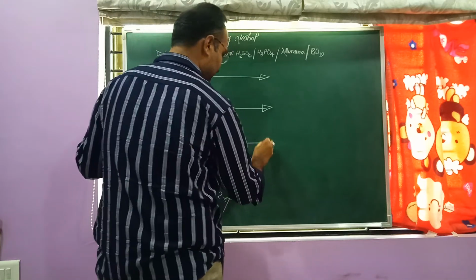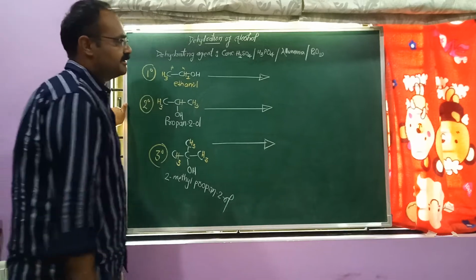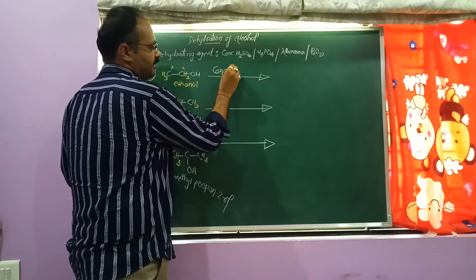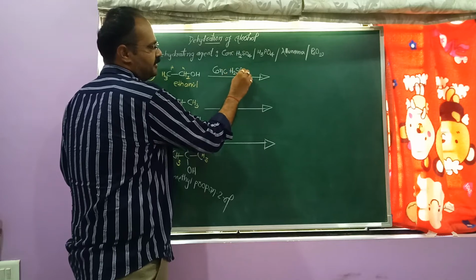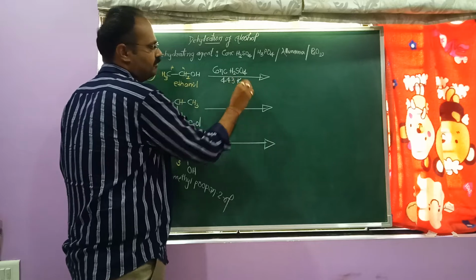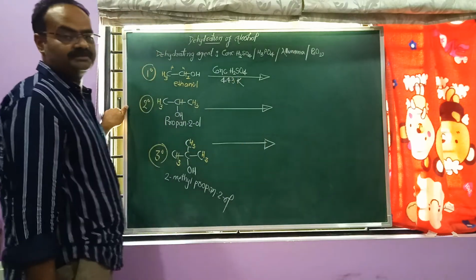For different types of alcohol, we have different concentrations or different types of acid as a dehydrating agent. In this case, we have concentrated sulfuric acid as a dehydrating agent and the temperature required is 443 Kelvin.